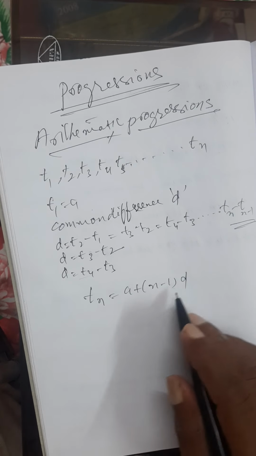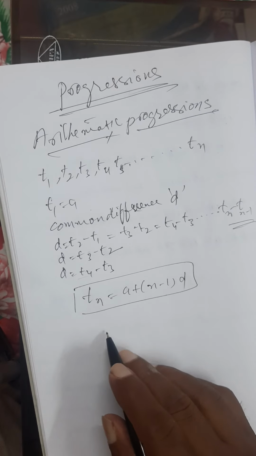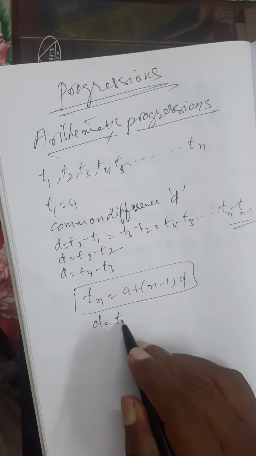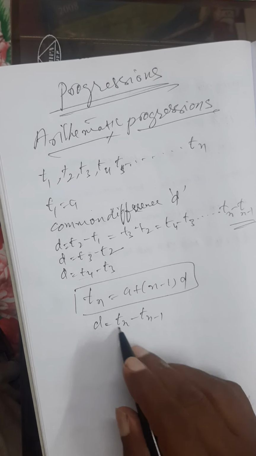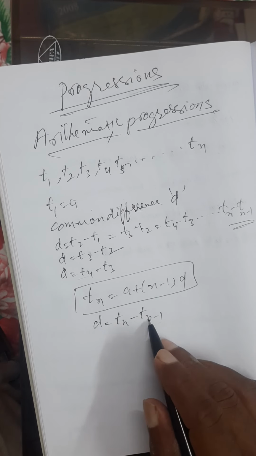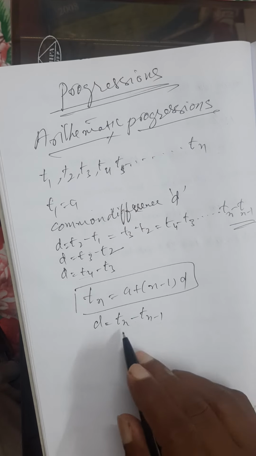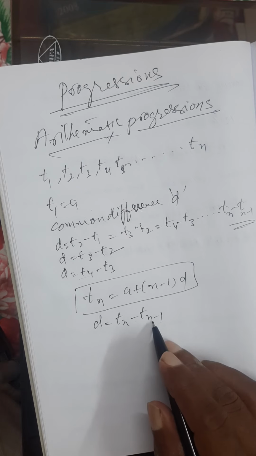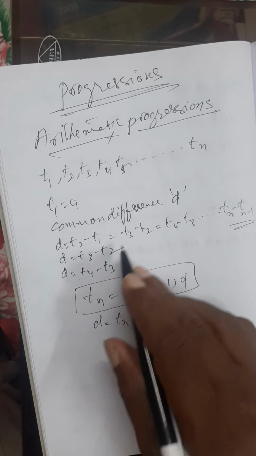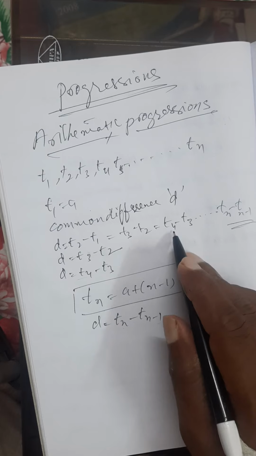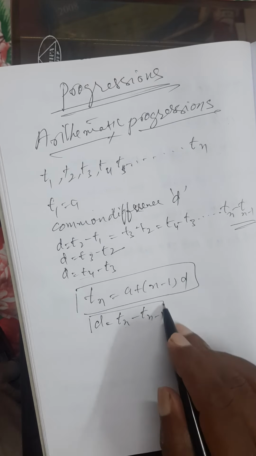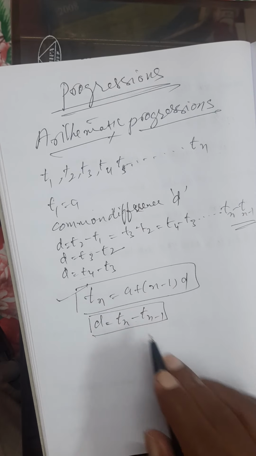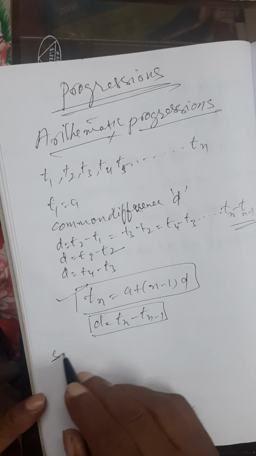Remember that this is the formula, and d equals nth term minus the previous term. For 2, 2 minus 1 is 1; for 3, 3 minus 1 is 2. Like that we get one less than the given term. This is the common difference.